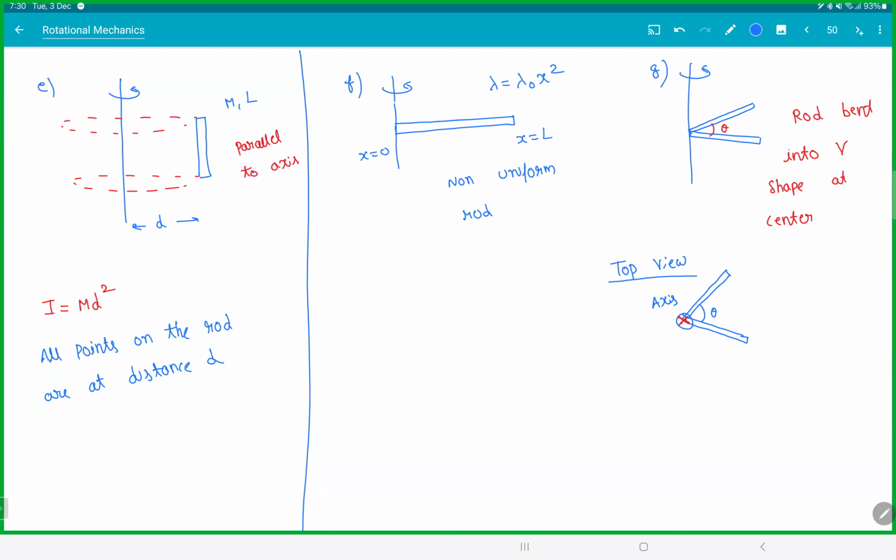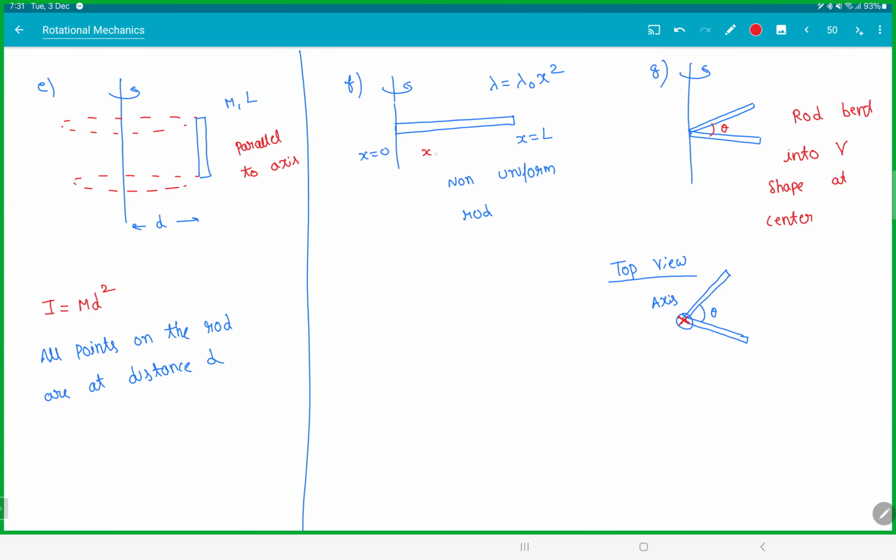F is lambda naught L power 5 by 5. Yes, power 5 will come. Yeah, that was easy.